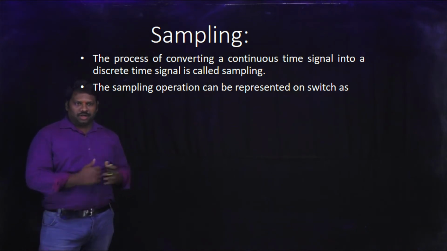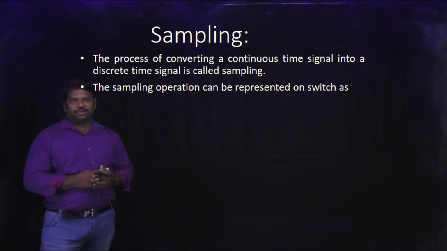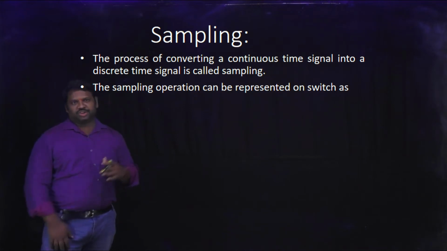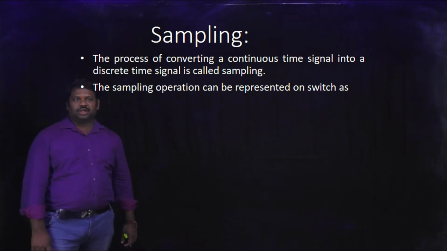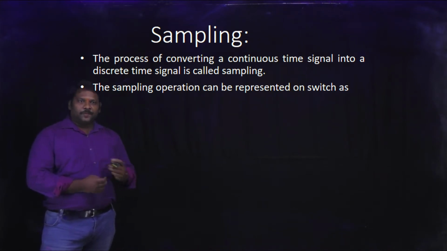Generally, the naturally encountered signals are continuous time signals, but most probably we'll use the discrete versions in computers and in updated systems like that. Hence, we need the conversion from the continuous time signal to the discrete time signal. That conversion is nothing but our sampling process.